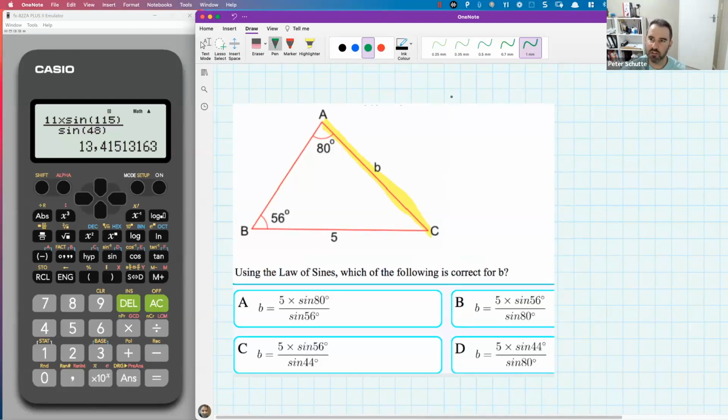Now ask yourself, what am I trying to find? B over sine of 56 equals what? 5 over sine of 80.